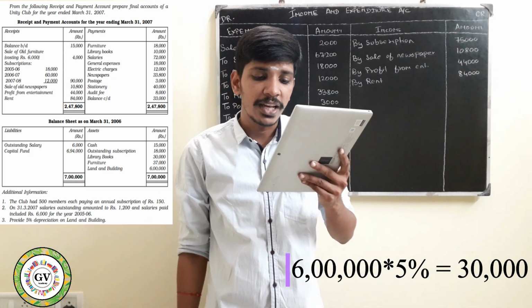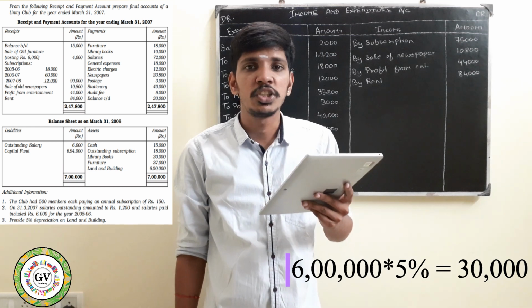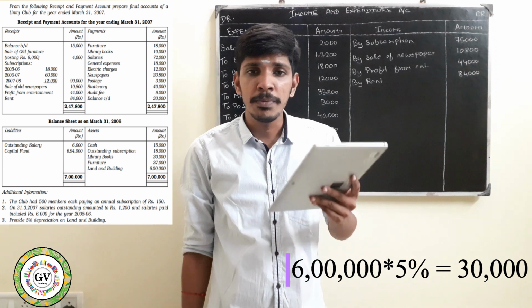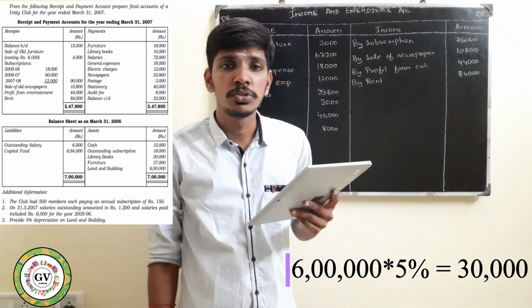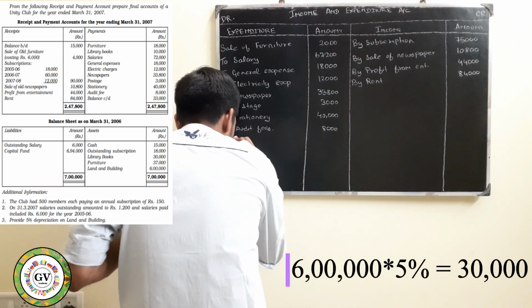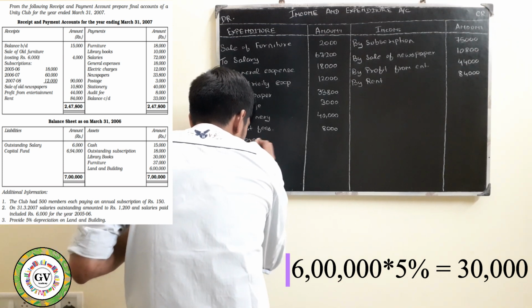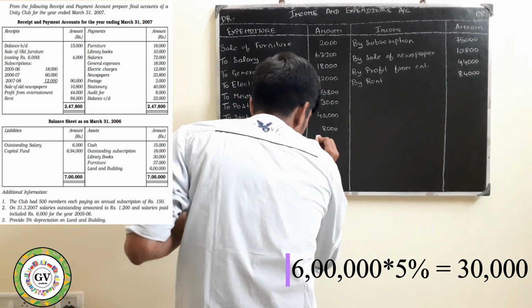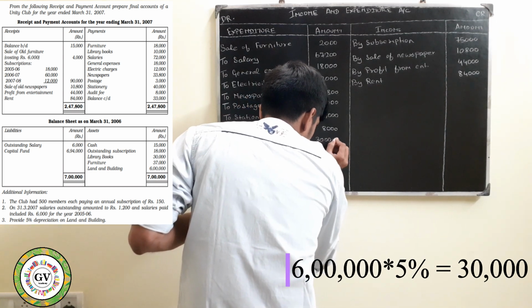The total value of the land and building is given in the opening balance sheet, which amounts to 6 lakhs. Depreciation is calculated at 5% over 6 lakh, which amounts to 30,000. With this, the adjustment is over.